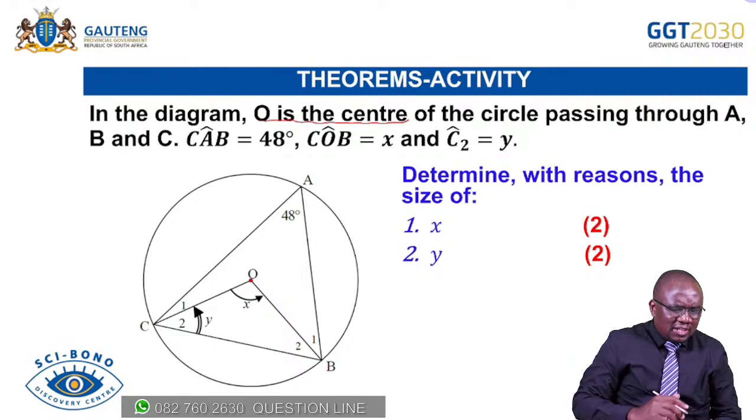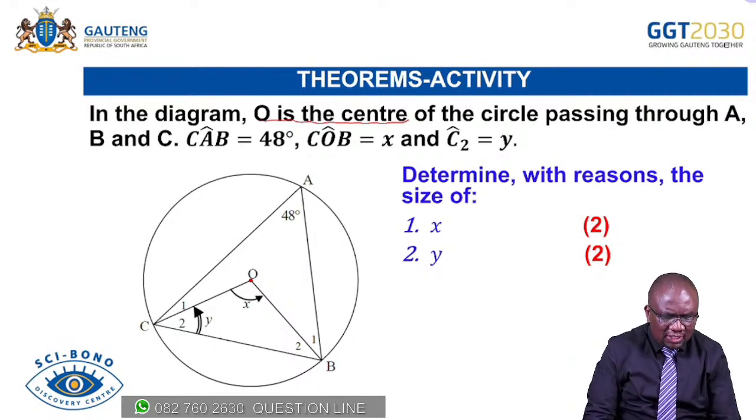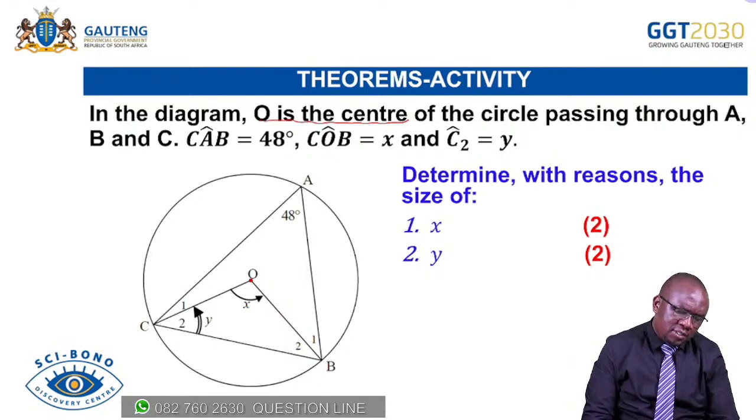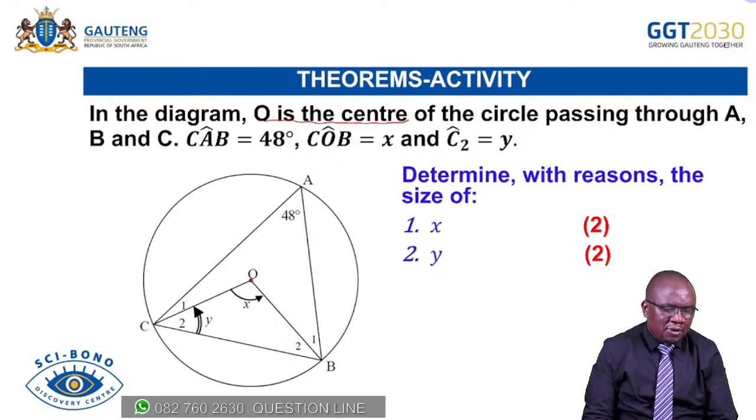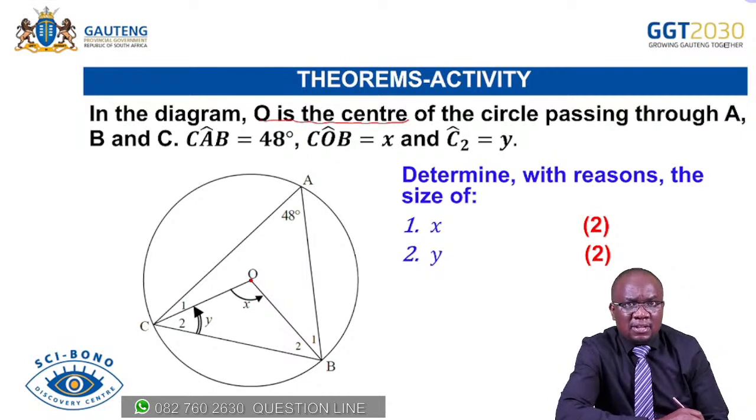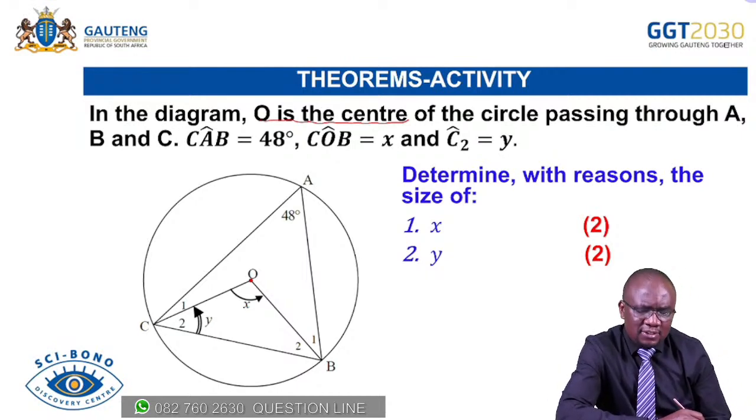And then if I look at the diagram here, I don't see a line drawn from the center of the circle to the midpoint of the chord. So it should be this theorem about what? About angles subtended by the arc at the center and angles subtended by the arc at the circumference. Which arc subtends angle X?